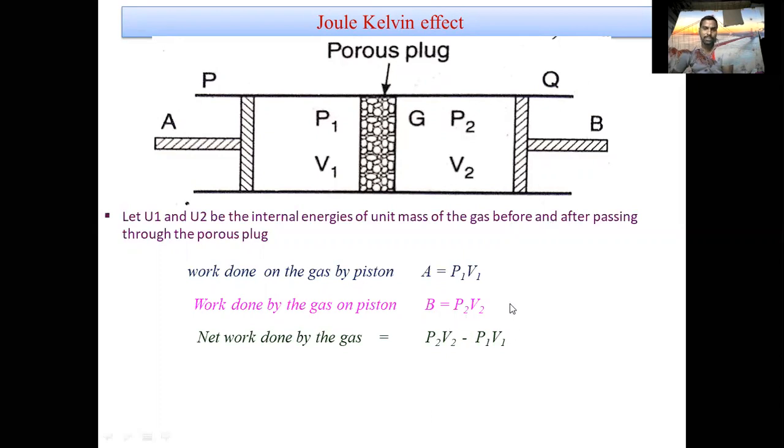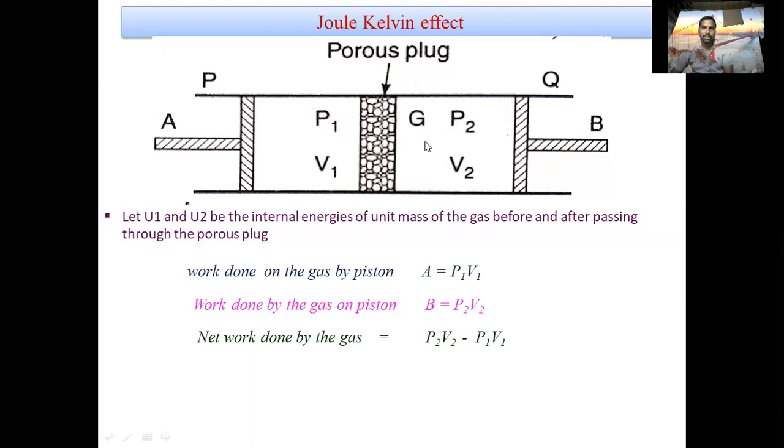Now this work is done, and the energy required for this work is taken from the internal energy. What is the meaning of internal energy? Before passing through the porous plug material, the internal energy is U1.